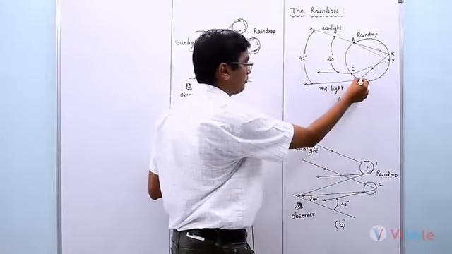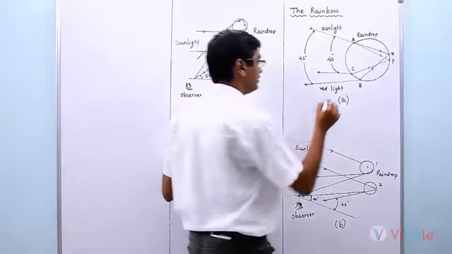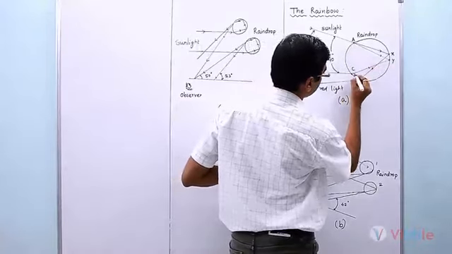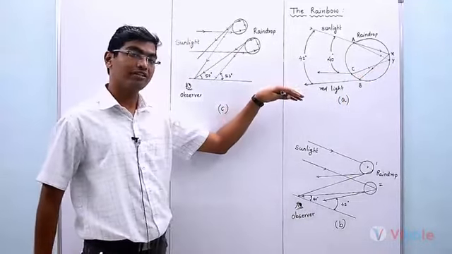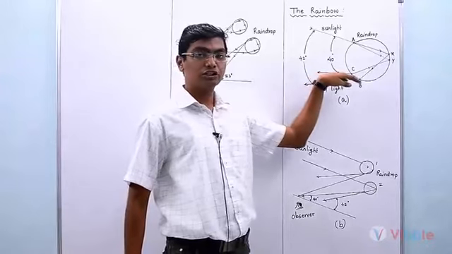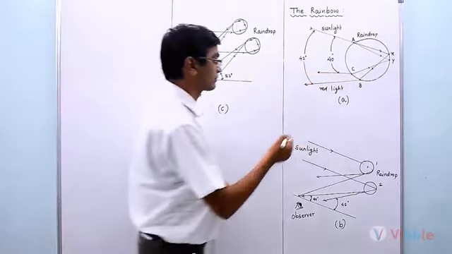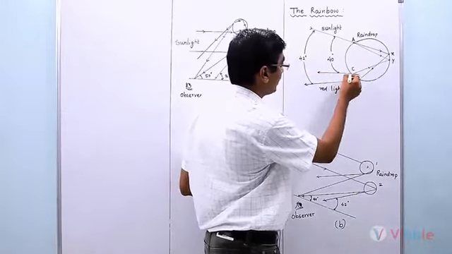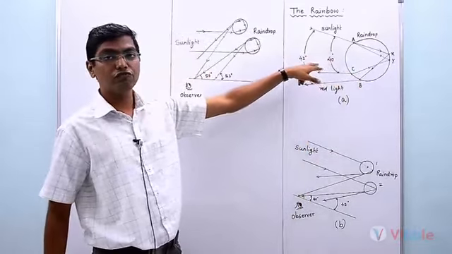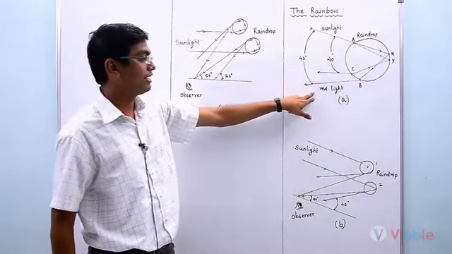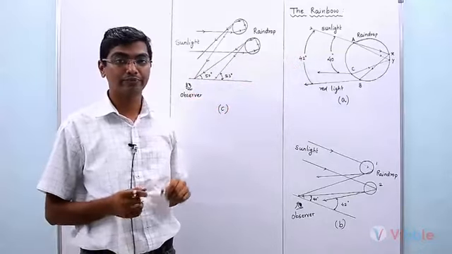At point B also the bending is very small, whereas the ray AYC is violet light because it has shorter wavelength and hence the bending away from the normal is higher in this case. So the violet light comes out making an angle of 40 degrees, whereas red light comes out making an angle of 42 degrees with respect to the white light.